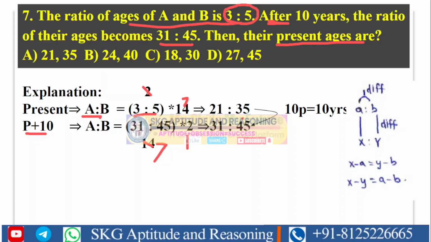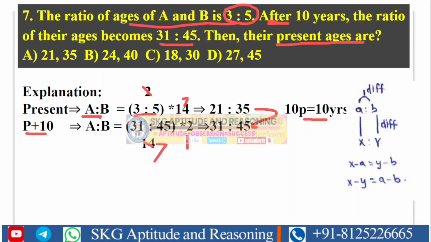Now we need to observe the increase from present to P plus 10. What is the increase from 35 to 45? There is an increase of 10 parts. Those 10 parts equal 10 years, which means one part equals 1 year.